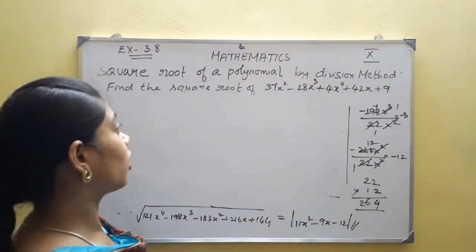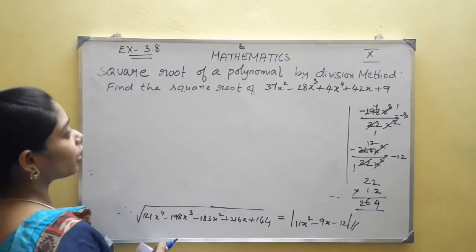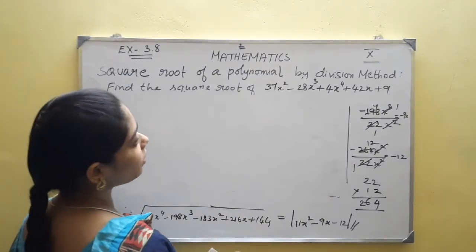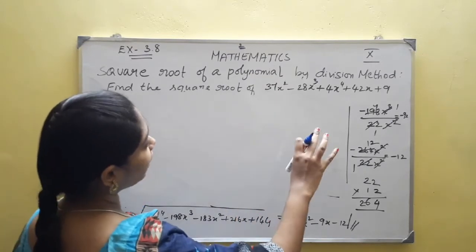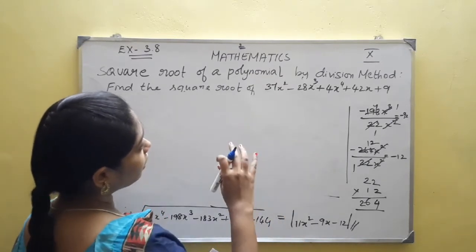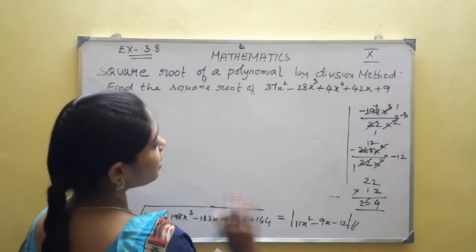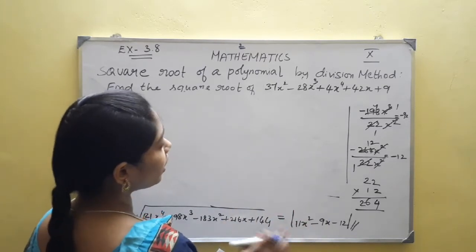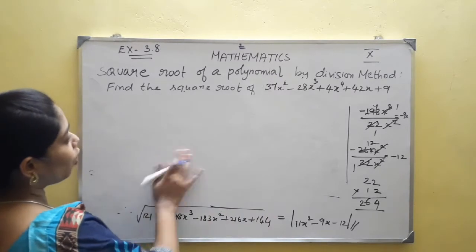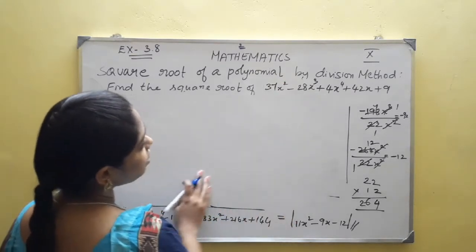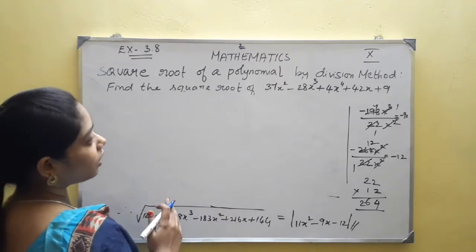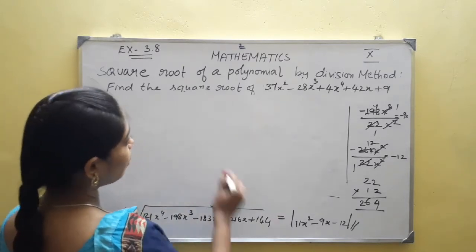Whenever you are finding the square root of any polynomial by the division method, try to have that polynomial's degrees in descending order or ascending order, that is, big to small. The degrees of the variable are supposed to be in ascending or descending order.